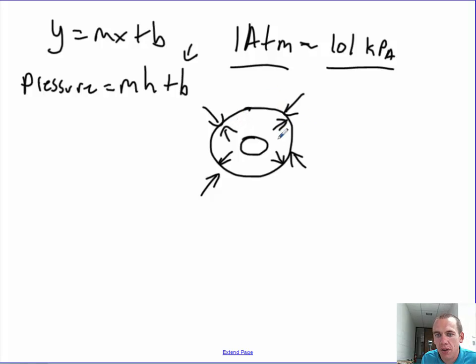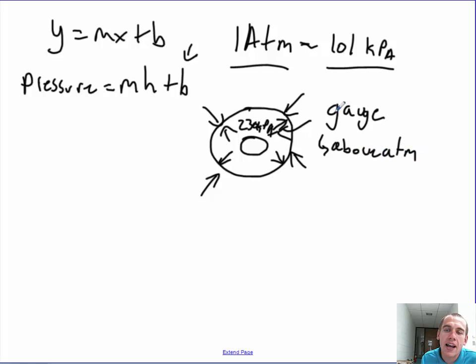So when we say we put 30 psi, or about 230 kilopascals, into a tire, what we mean is we put 230 more. The pressure in here is 230 kPa higher than the pressure out here. So the pressure out here is not 0, but we're measuring relative to that, and that's what we call gauge pressure. Gauge pressure is pressure above atmospheric pressure.